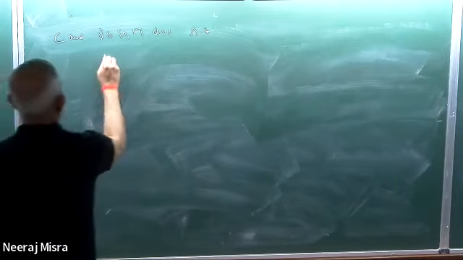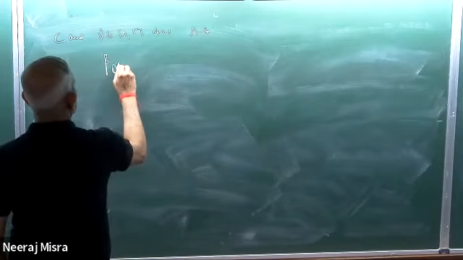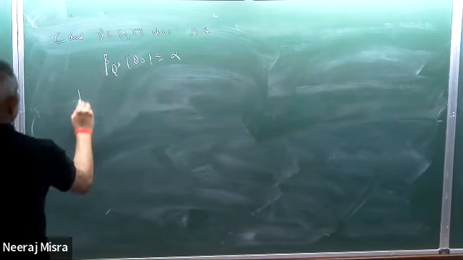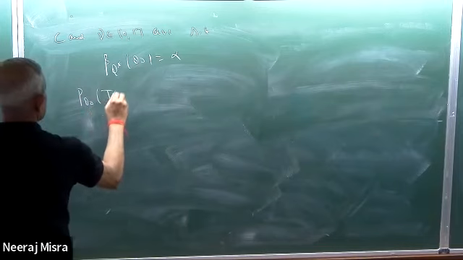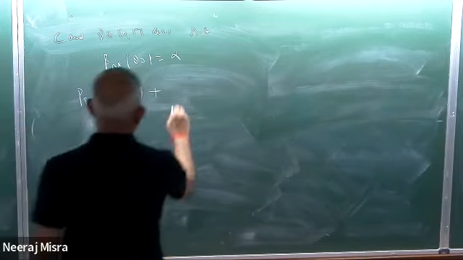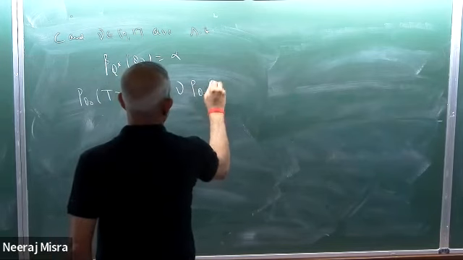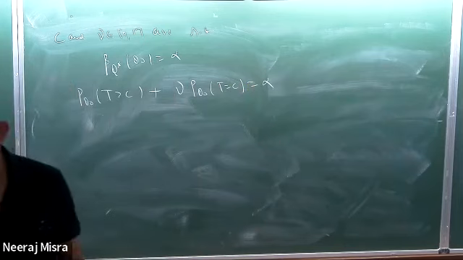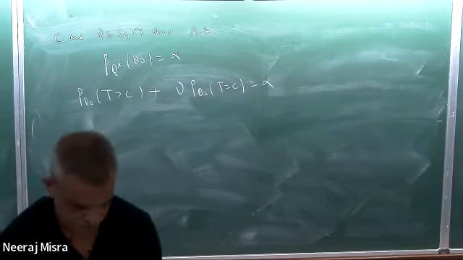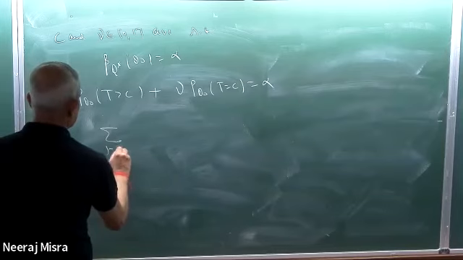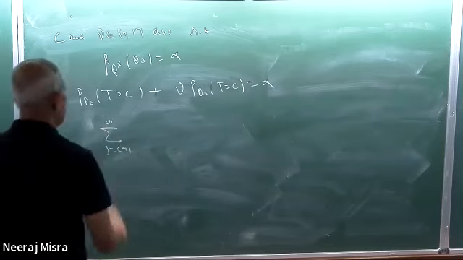Beta phi star at theta naught is alpha. That means probability under theta naught T greater than C plus gamma times probability under theta naught T is equal to C is alpha. You can consider C to be an integer, so it becomes j is equal to C plus 1 to infinity.